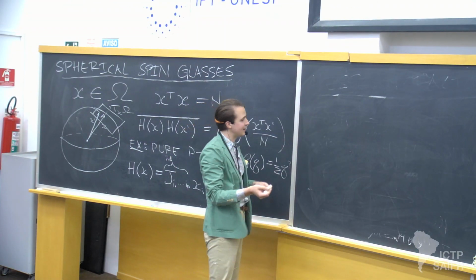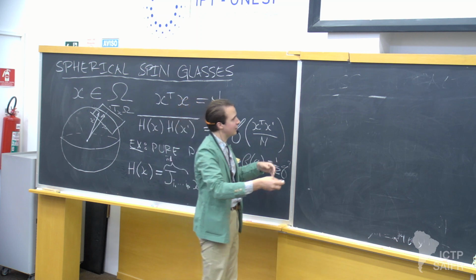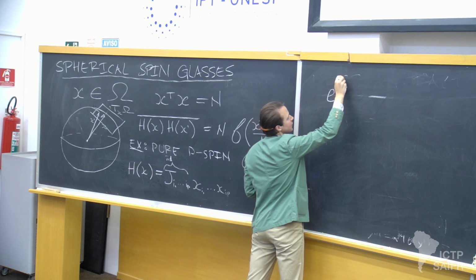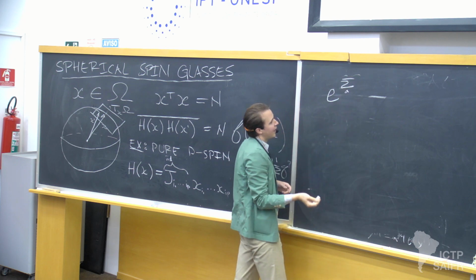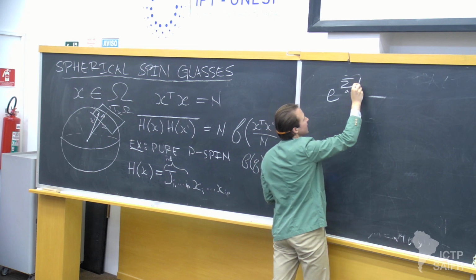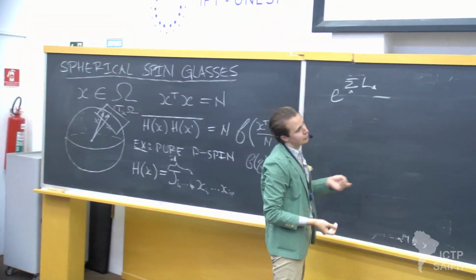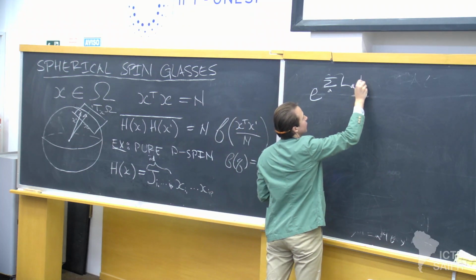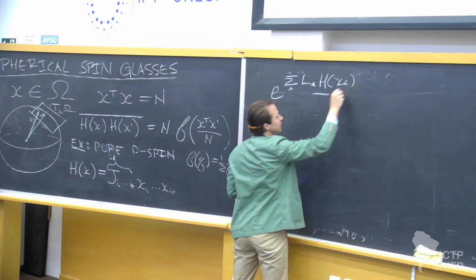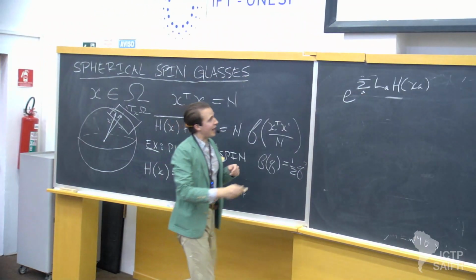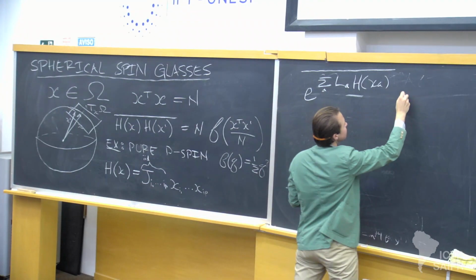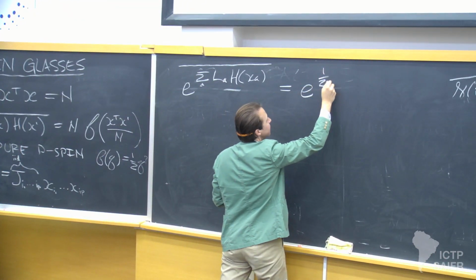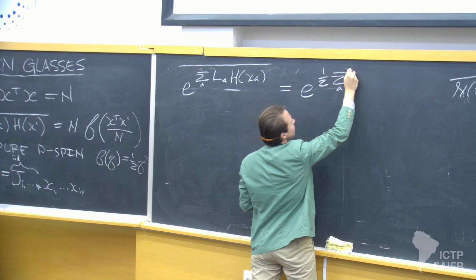We can use a nice identity in Gaussian integration, which is that if we have e to the, I'm going to say a sum over a, to be evocative, of some linear operator, so derivatives, multiplication, linear operator stuff, hitting our function of xa, and I want to average this, I will get, because these are Gaussian, e to the 1/2, the sum over the linear operator, twice.